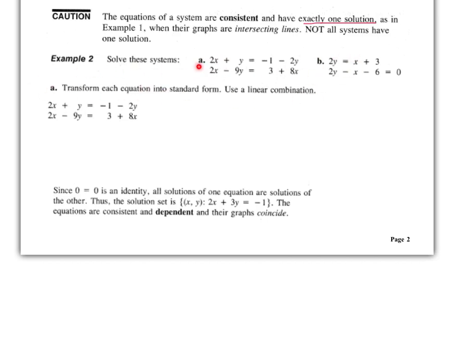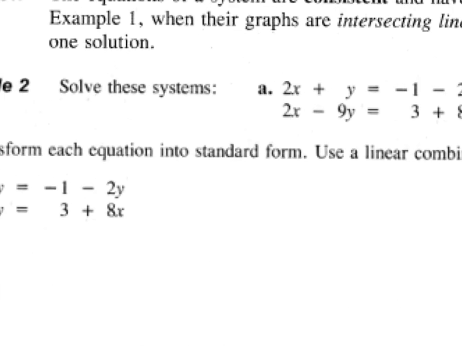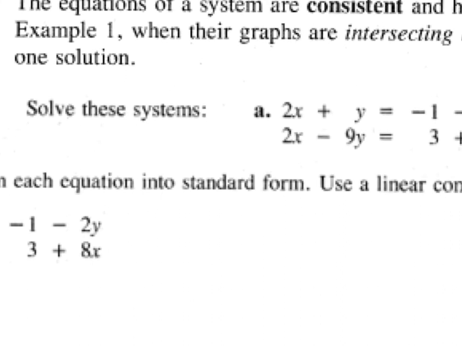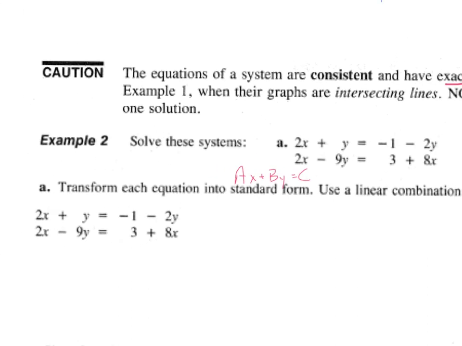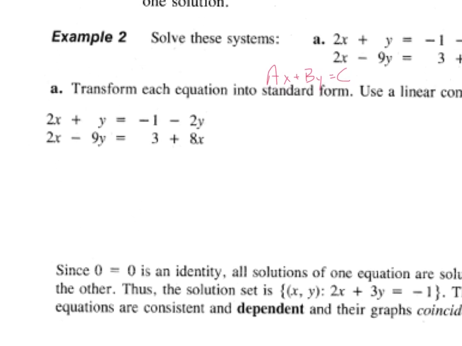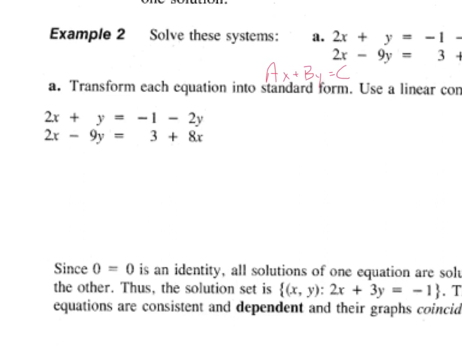We're going to try to solve these. And first thing we're going to do is put them in standard form. Now some of y'all probably don't remember standard form. So let's refresh ourselves. Ax plus By equals C. That basically means get x and y on the same side, and so we'll do that.